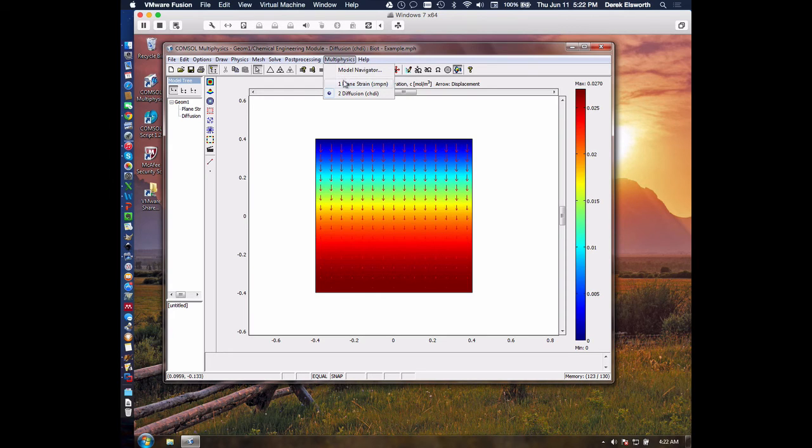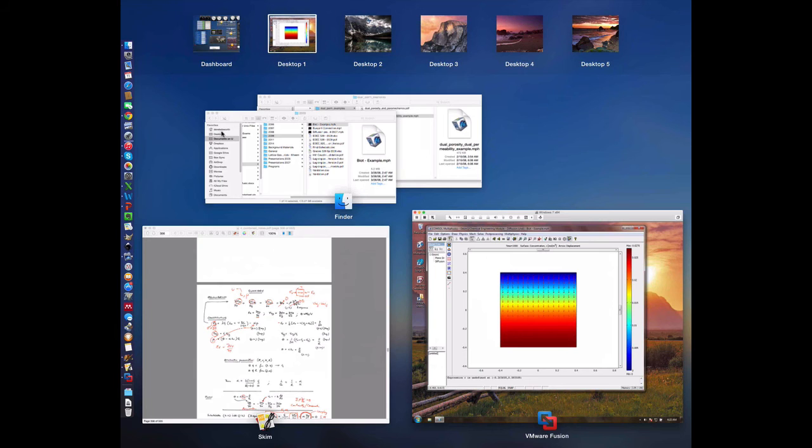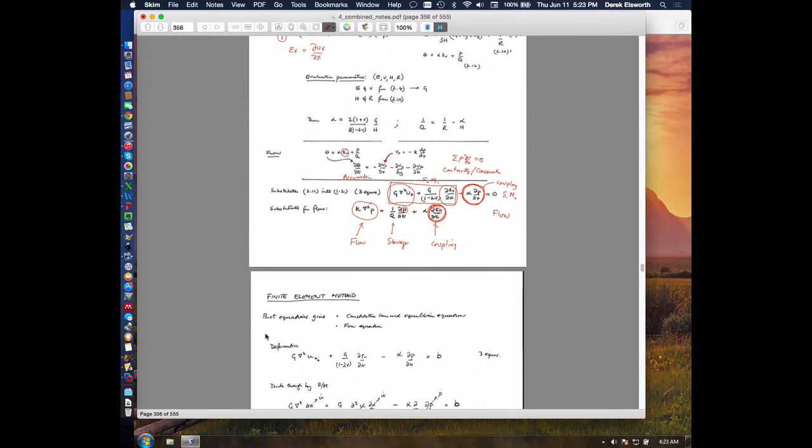So we have a solid mechanics part, which is here, and we have a diffusion equation or a flow equation part that's included. They both would run separately if we did nothing with them, but we could execute them together in some way. So if we go back to see what this was, let's look at the flow part first.